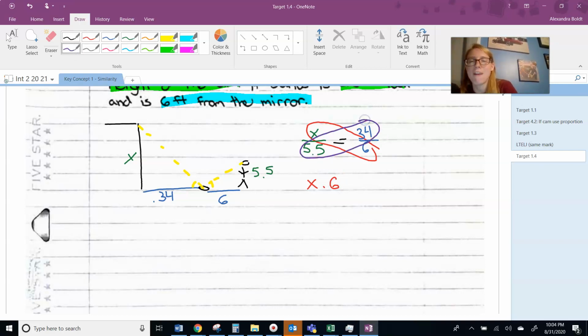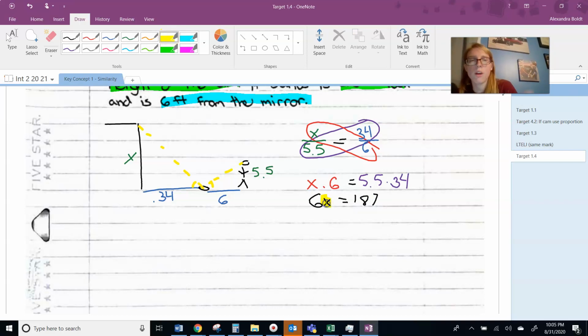X times 6 and 5.5 times 34. And those are equal. Oh my gosh, 5.5 times 34, not 5.5 equals 34. And those are equal. So now I have 6x equals 5.5 times 34, which, when I typed it into a calculator earlier, I got 187.